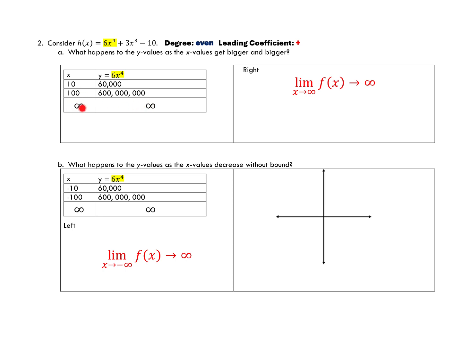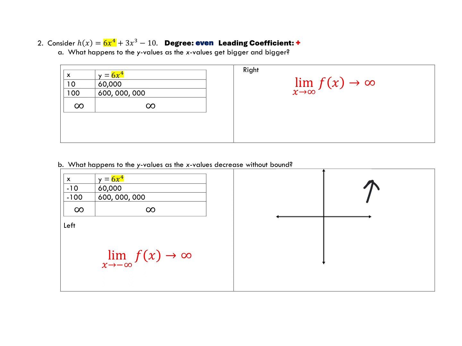As I approach infinity, I go all the way to the right, so I'm approaching infinity, going in this direction. I see the y values are getting bigger and bigger. And this is how we show that in limit notation: as x approaches infinity, the limit of f of x approaches infinity.